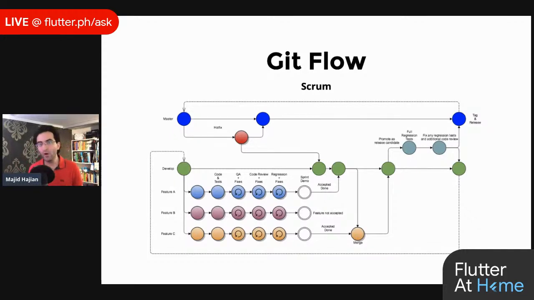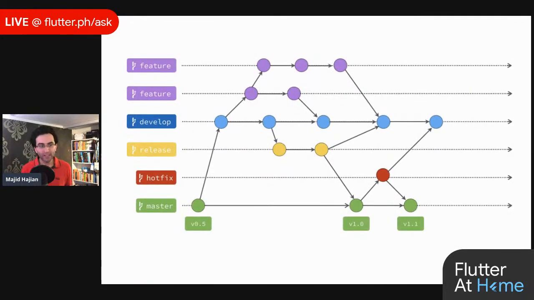Git Flow, especially if you're using an agile methodology like Scrum, works very well. Git Flow is a way to manage your branching in your Git project.